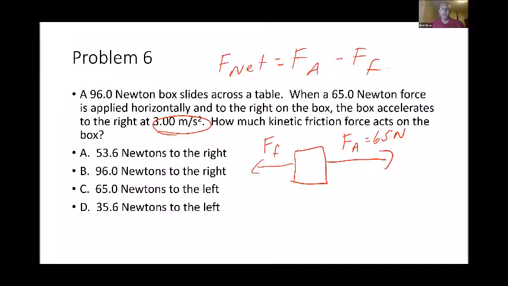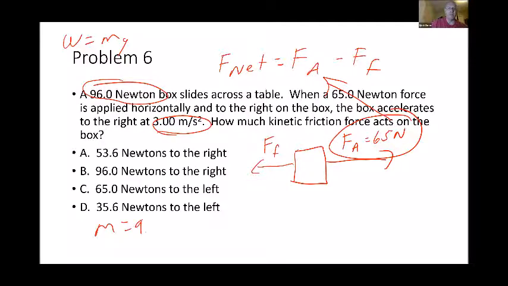Well, we don't know what the frictional force is, but we do know what the applied force is. We know this is 65. We can find the net force because we know the weight of the box. So we know that weight equals mg. So if we just divide 96 by g, 10 meters per second squared, we end up with a mass of 9.6 kilograms.